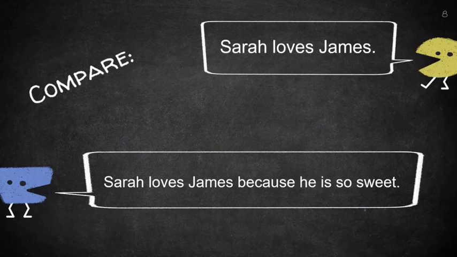Compound sentence, one sentence consisting of more than one clause using a coordinating conjunction. And complex sentence, one sentence consisting of more than one clause combined using a subordinating conjunction.